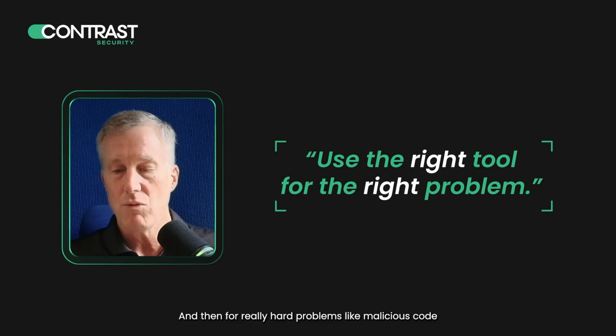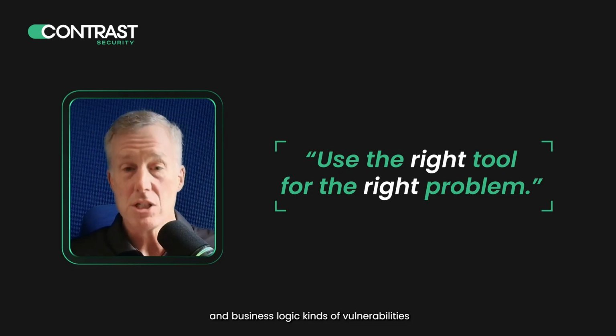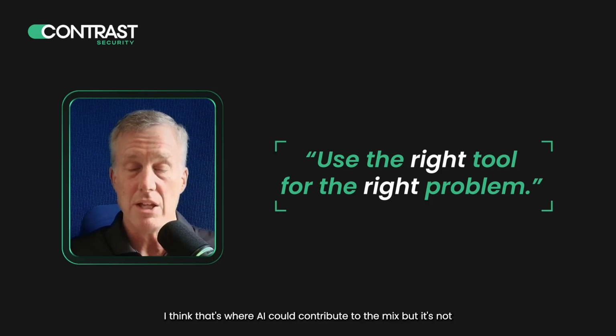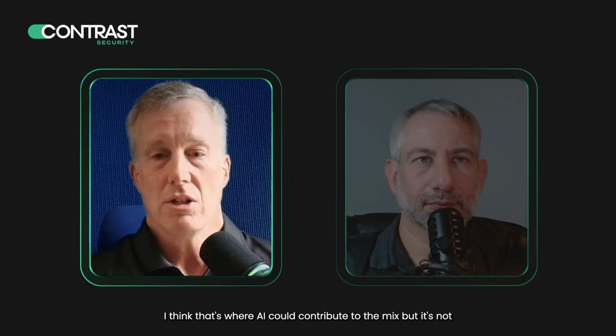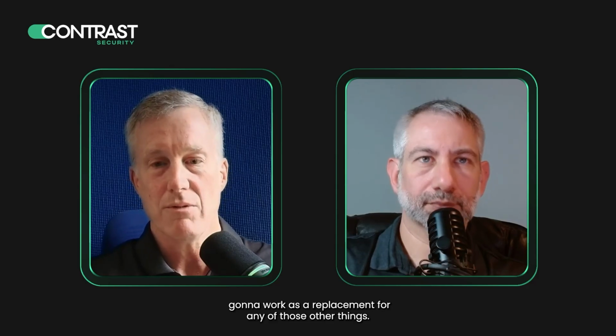And then for really hard problems like malicious code and business logic kinds of vulnerabilities, I think that's where AI could contribute to the mix, but it's not going to work as a replacement for any of those other things.